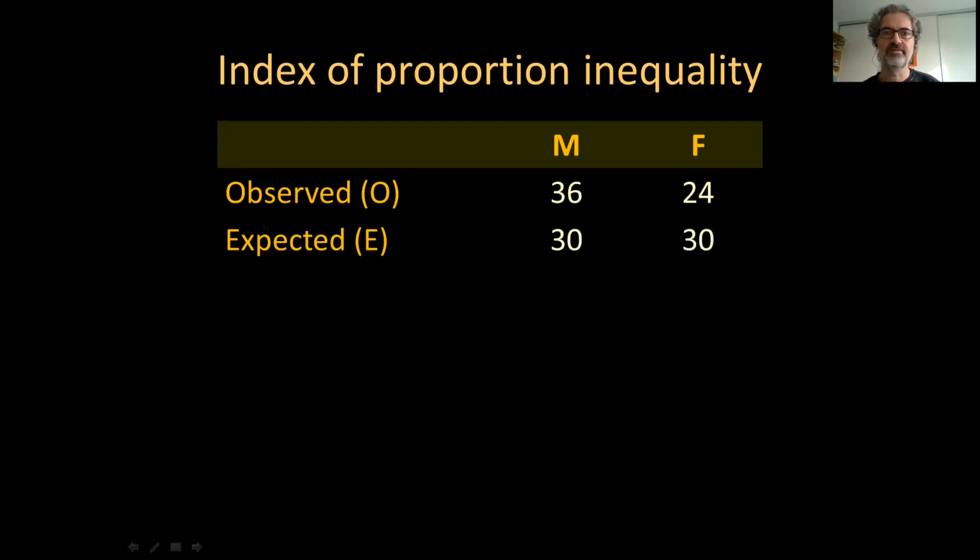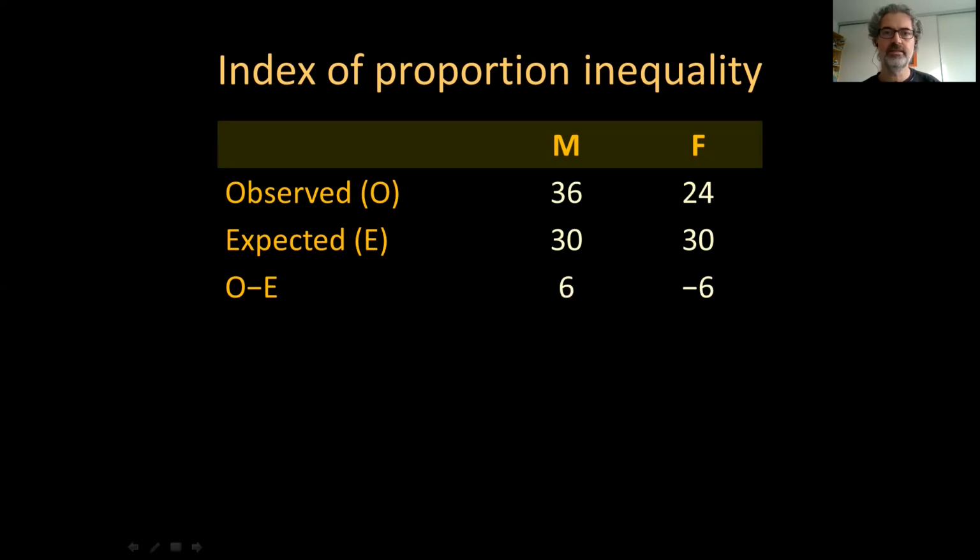How far are we from the expectation? We can just subtract the expected from the observed, and we get these differences. Now, obviously, if we have an excess of observed men, this number will be equal to how many fewer women we have observed. So the sum of all these deviations from expectation will have to be 0.